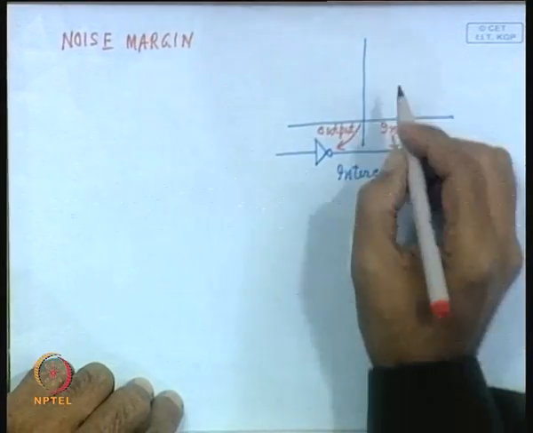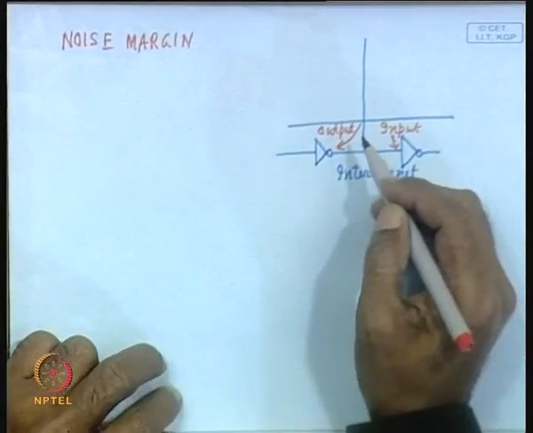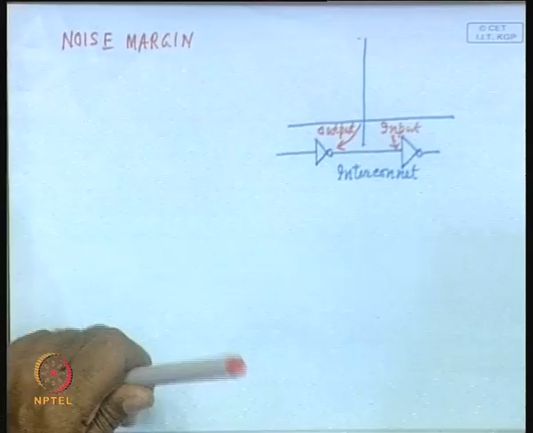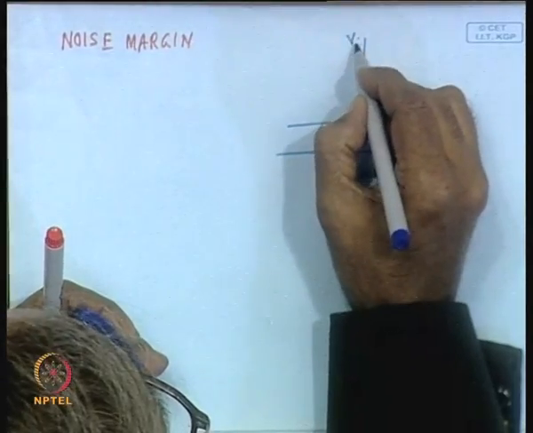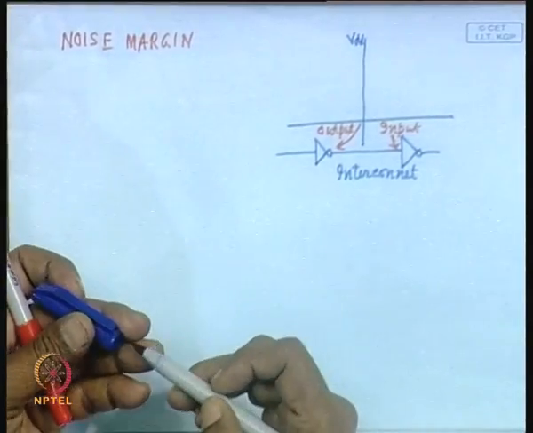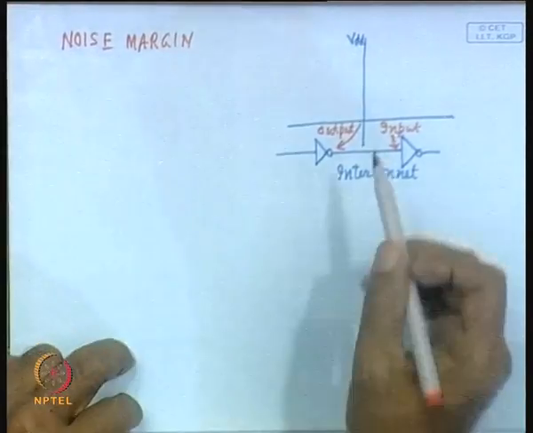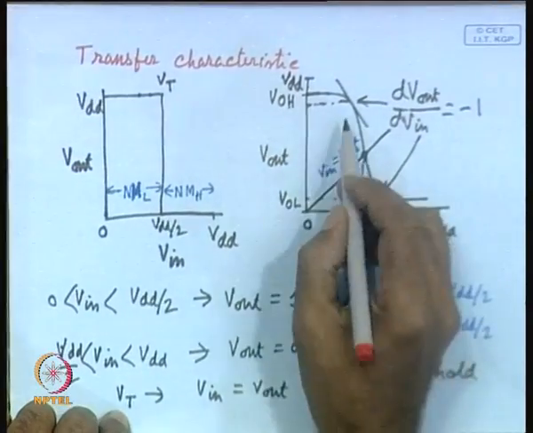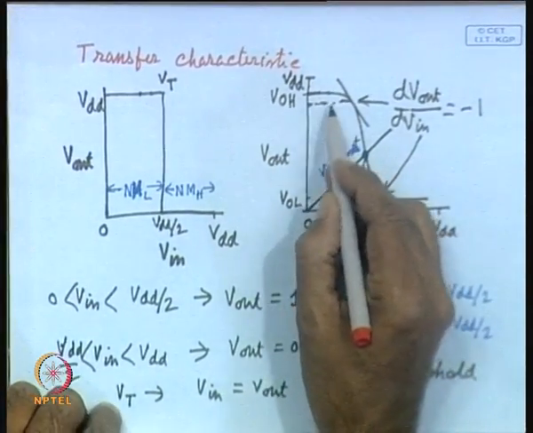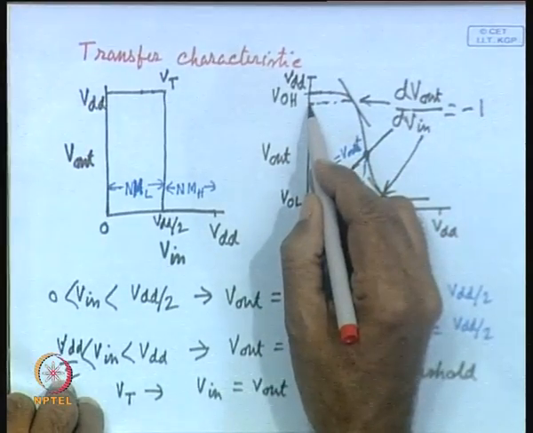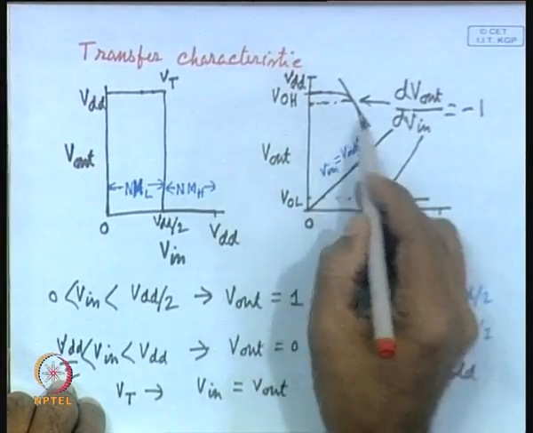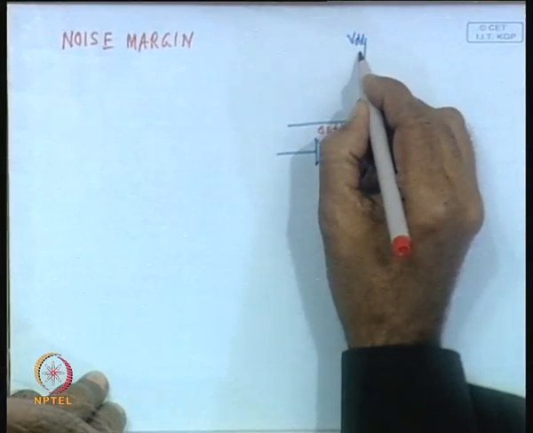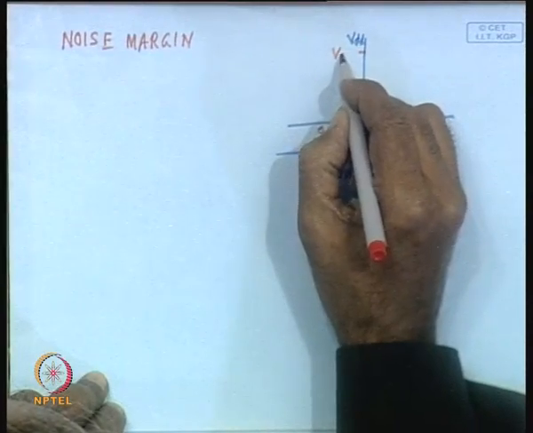Now, using this diagram we can see that this is the VDD, let us assume this is the VDD. But we know that output high, as we have already seen, need not be really VDD. So, it may be a little less than VDD as you can see in an actual inverter circuit. So, we can say that this is the VOH.